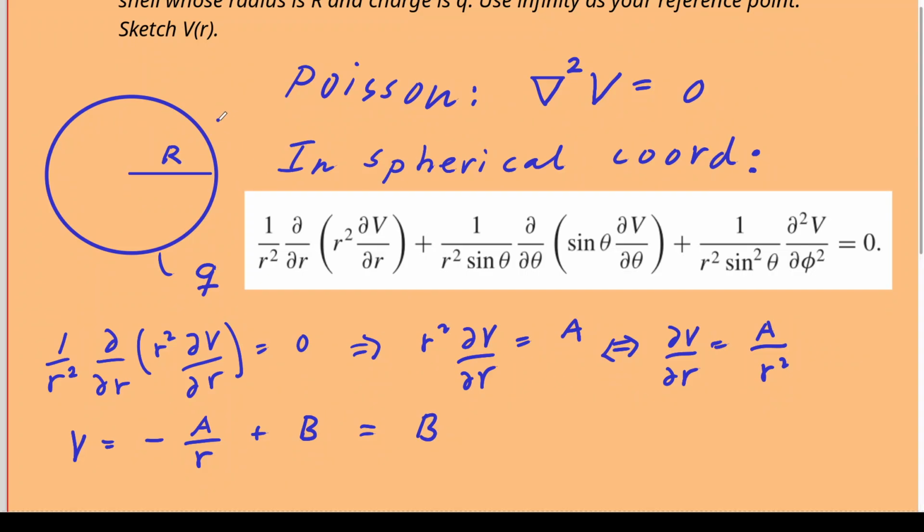And what constant is b? If you think about charges on the spherical shell and sum them all up, it's always the same distance, isn't it? So it will be Q over 4 pi epsilon naught R. That is the constant b.